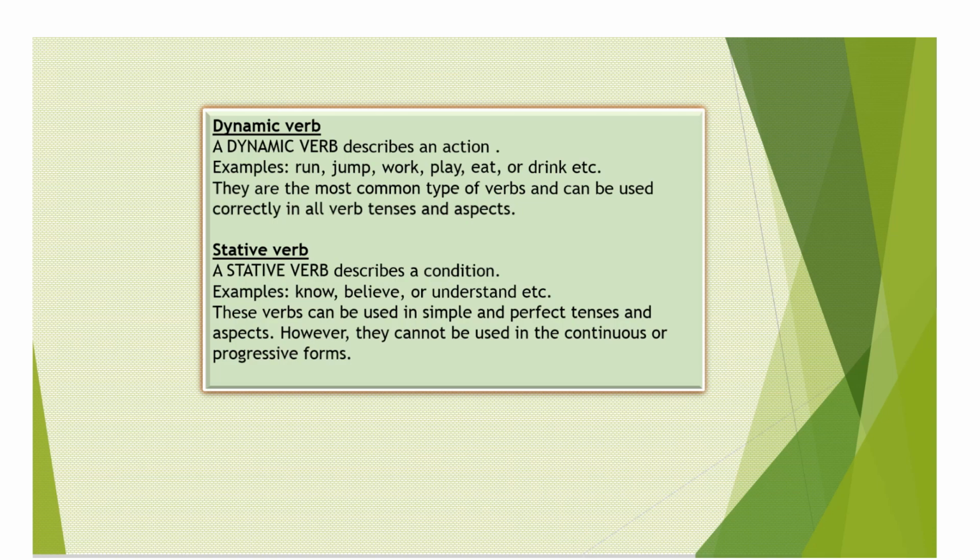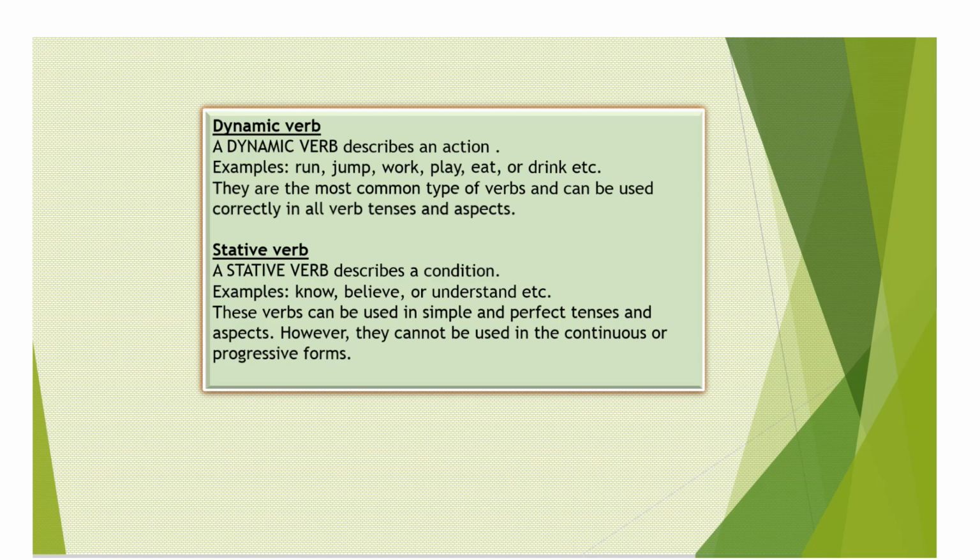See, dynamic verbs are nothing but the regular actions that we do, like writing, reading, running, jumping, working, playing, eating, drinking, whatever. All the physical actions which are done physically, which can be seen, which can be visualized, fall under dynamic verbs.